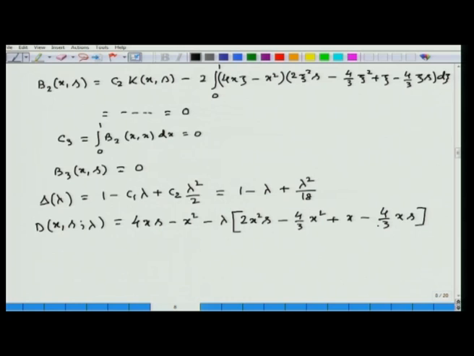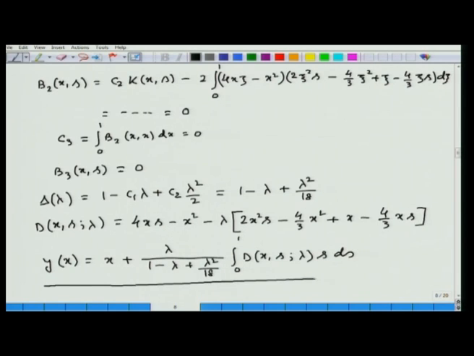This is the expression for b1(x, s), and therefore, the solution to the given problem is y(x) equal to x + λ divided by (1 − λ + λ²/18), times the integral from 0 to 1 of D(x, s; λ) s ds, because f(x) equals x. So, f(s) is equal to s. So, this is the solution to the given integral equation.